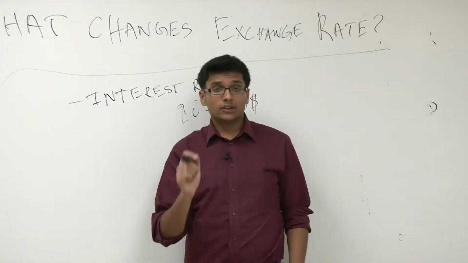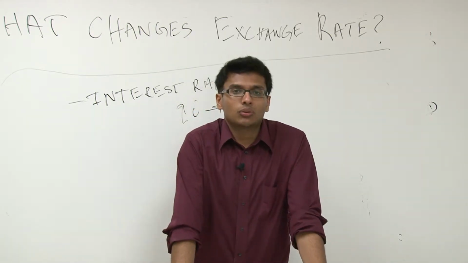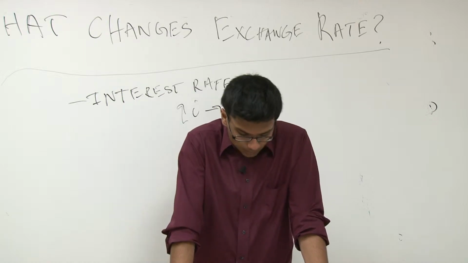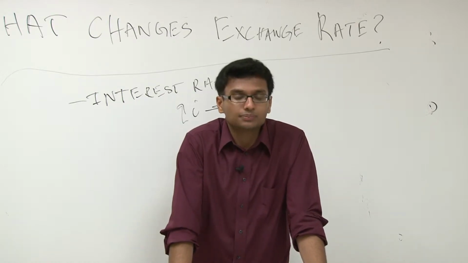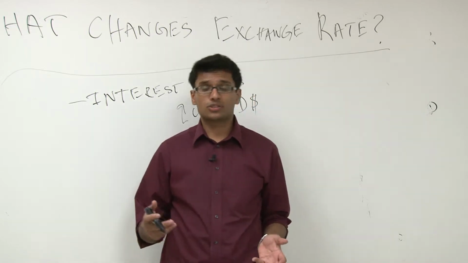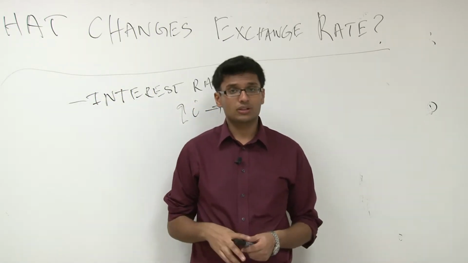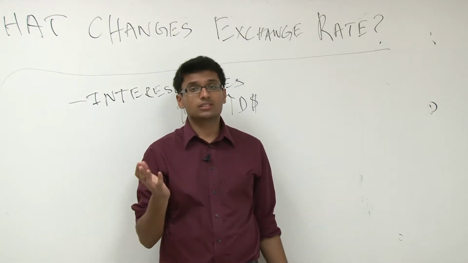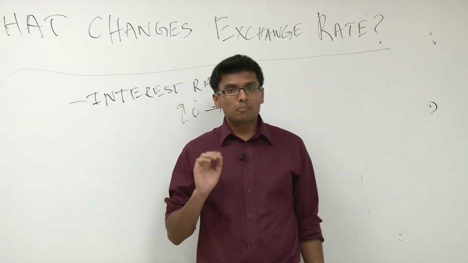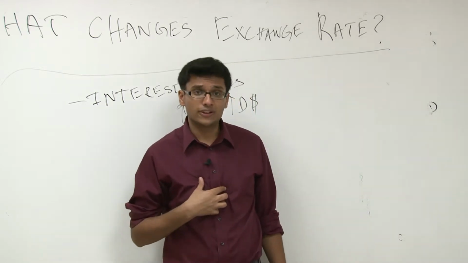We're saying that in our example, the US interest rates have gone up. What does that mean? It means that for me as an investor worldwide, again, relative, because let's say in my country, interest rates are already really high, I probably don't care if the US is going up because relatively speaking, I don't need to invest. But let's say interest rates are going up and relative to my country, it's actually pretty attractive to invest.